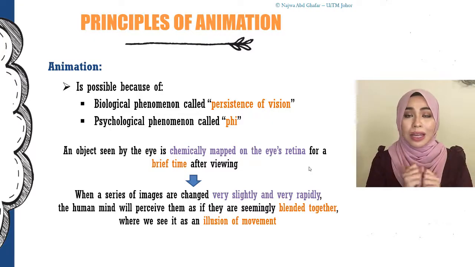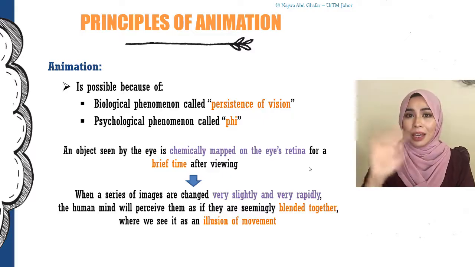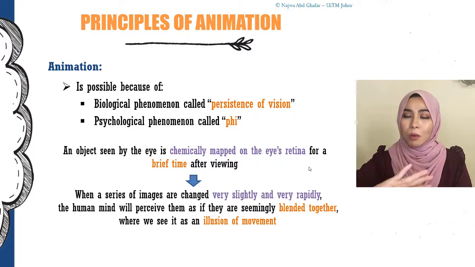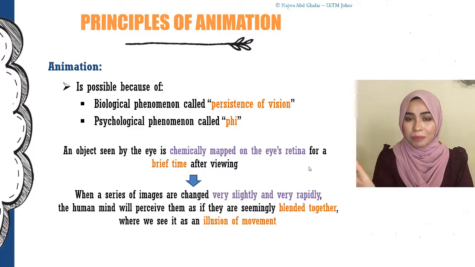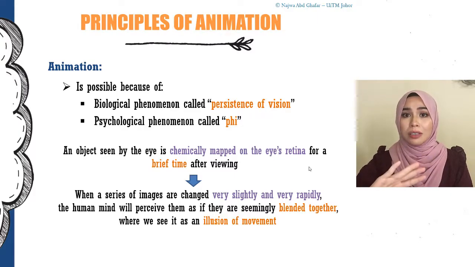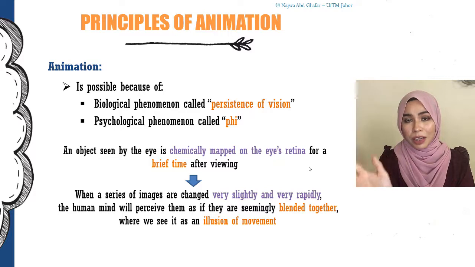Let's say I want to create an animation where I am waving. If it's an image, the image is still. An animation is something that is moving. Let's say I want to move my hand from here until here. I am going to create pictures starting from this first movement and then gradually moving until I reach my final position.